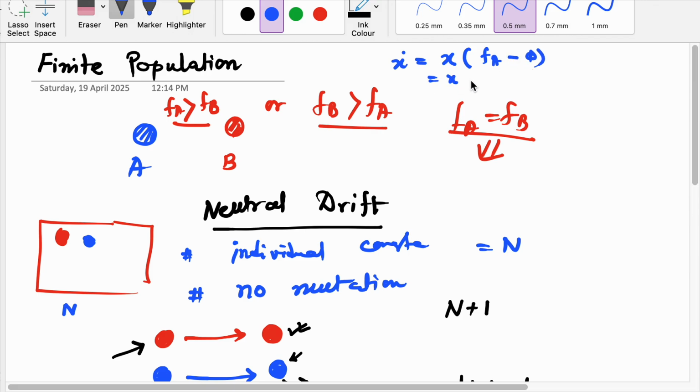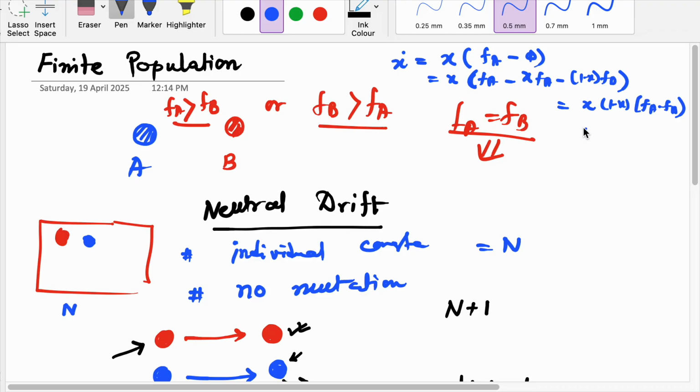So this will be x times (fA minus (x fA plus (1 minus x) fB)), which becomes x times (1 minus x) times (fA minus fB). Is it clear? The dynamical equation, x dot.